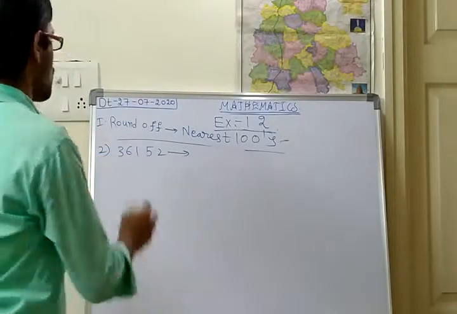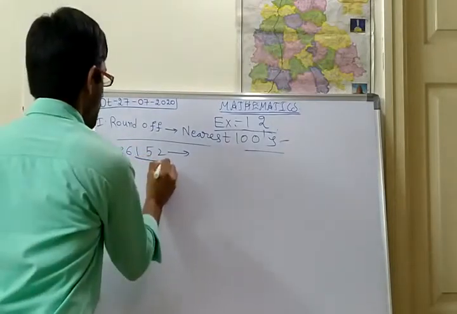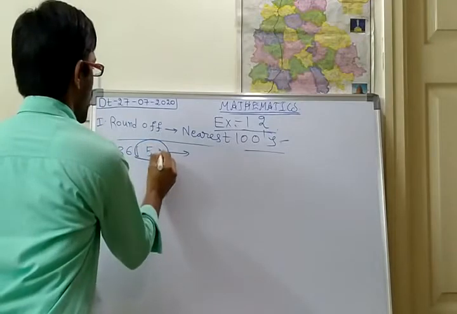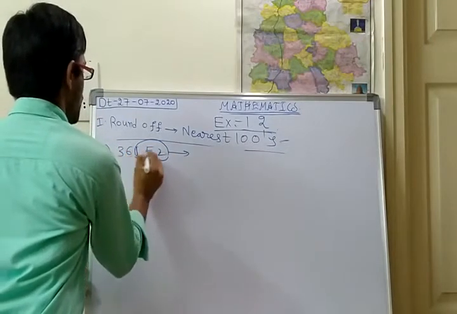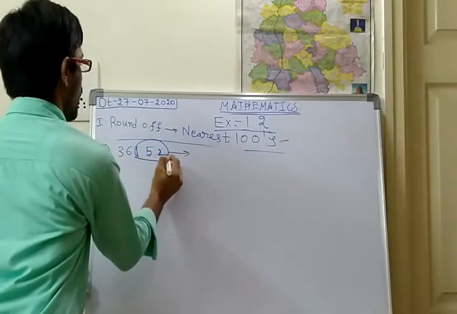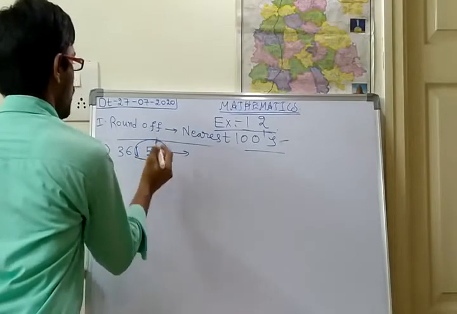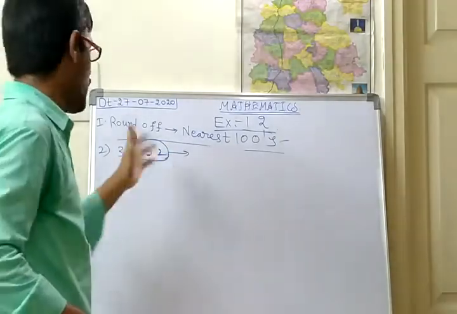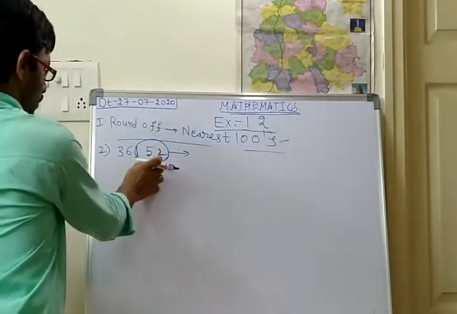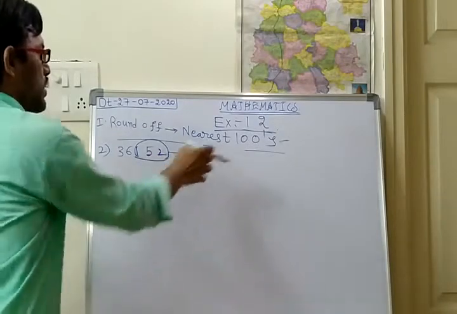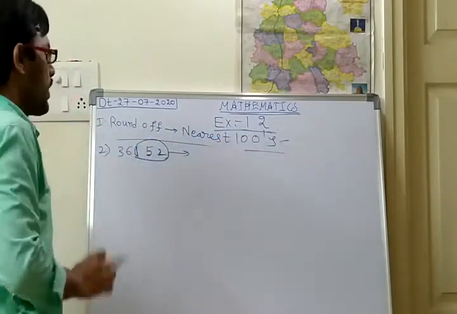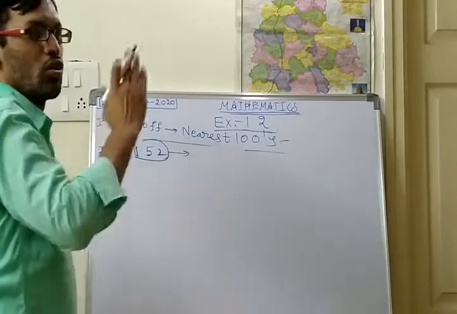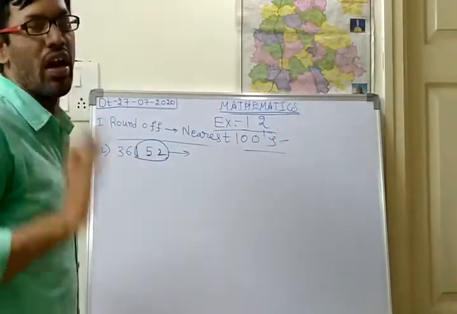Nearest 100 means we should consider only these 3 digits, not the remaining 2 digits. So 152. In the 3 digits, we have to find the nearest 100. Nearest 100 means 100, 200, 300, 400, 500 like that you should take.